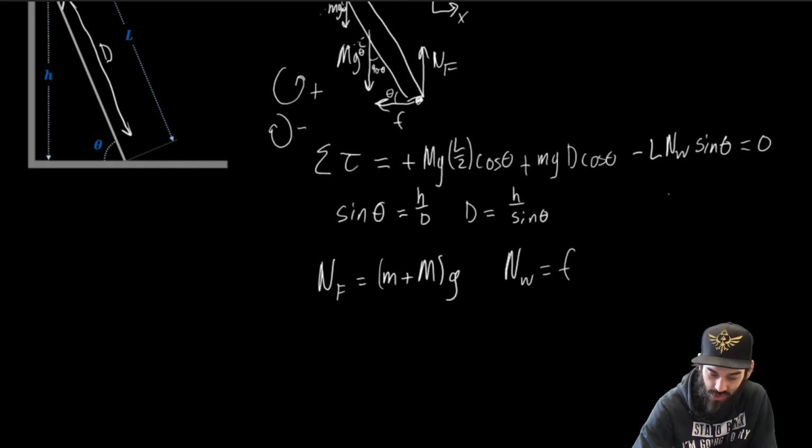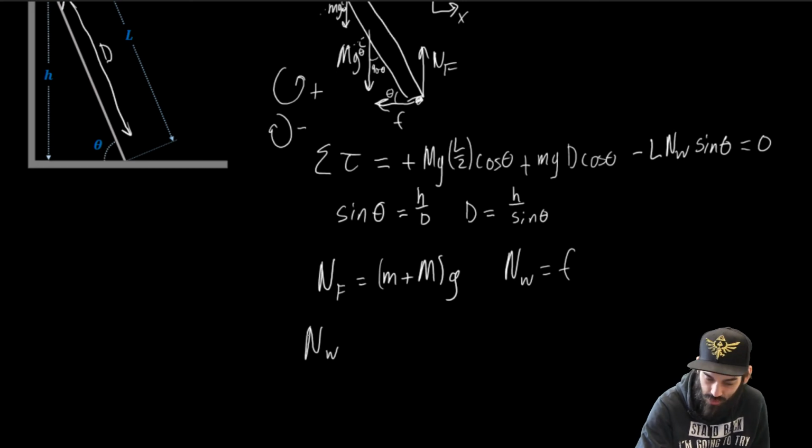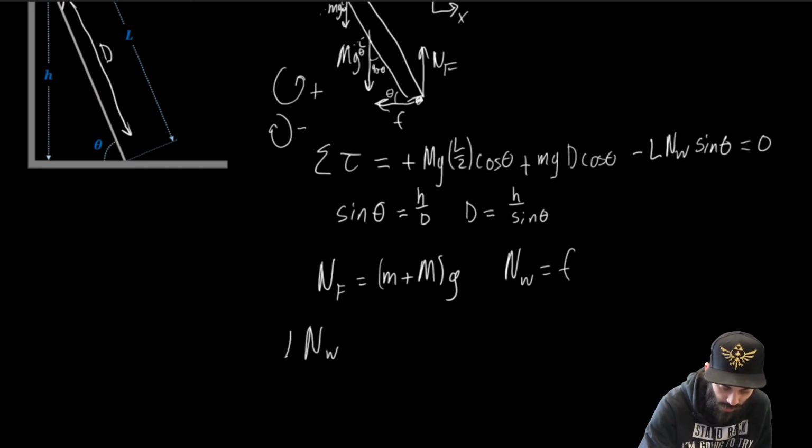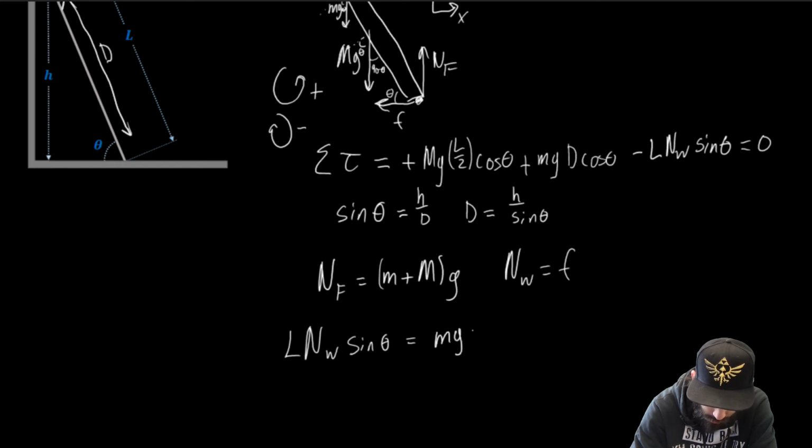So let's rearrange some things. When we're looking at this, n sub w times L times sine of theta is going to be equal to lowercase mg times d, which is going to be h divided by sine of theta.